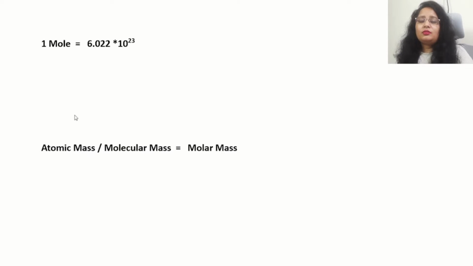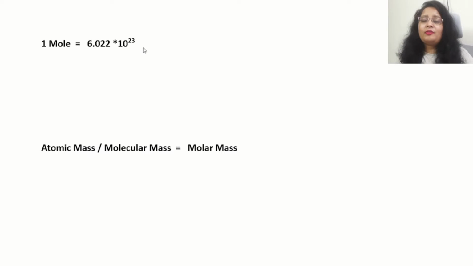So when we are talking about the mole, we need to create a relation between the number of particles and the atomic mass, or the weight in grams. So they created a formula that 1 mole is equal to 6.022 into 10 to the power 23 particles.